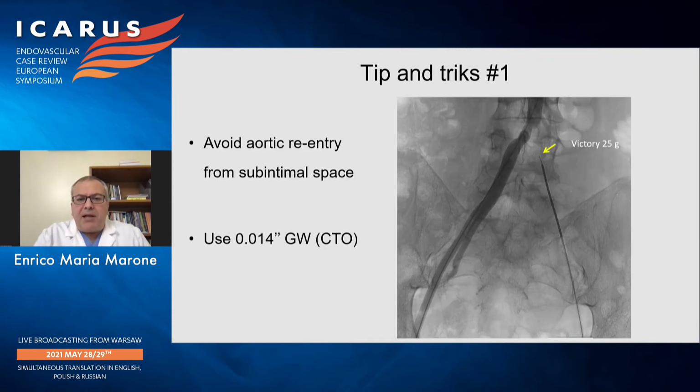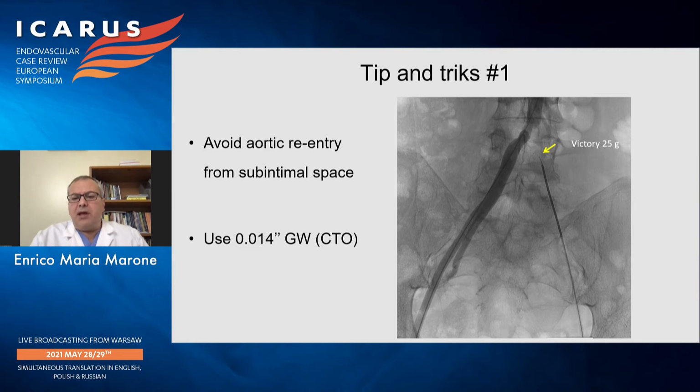Let's go to some tips and tricks for the endovascular treatment of chronic iliac occlusion. In my experience, I prefer to avoid obtaining re-entry in the aorta. So I prefer to stay intraluminal using 014 guide wires for chronic total occlusion.